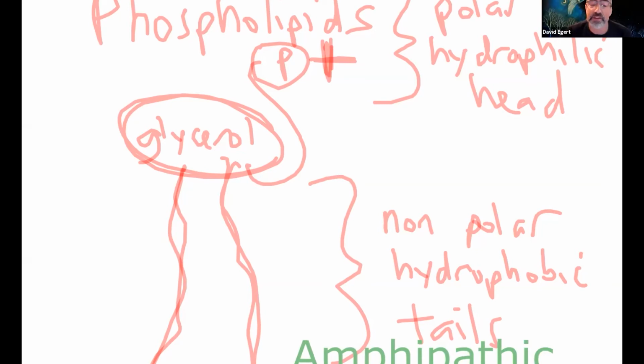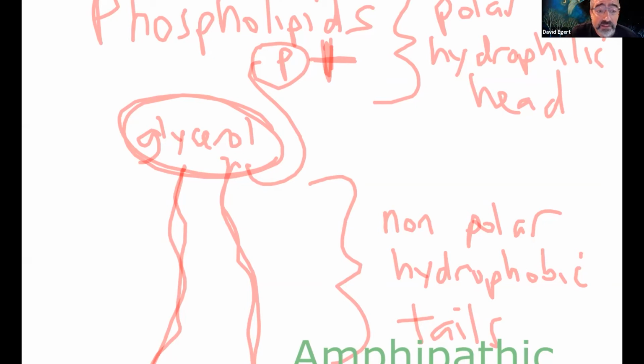I think of it kind of like amphibians that live in the water and on the land, like a frog. Amphipathic molecules have a part that lives in polar, a part that lives in nonpolar.